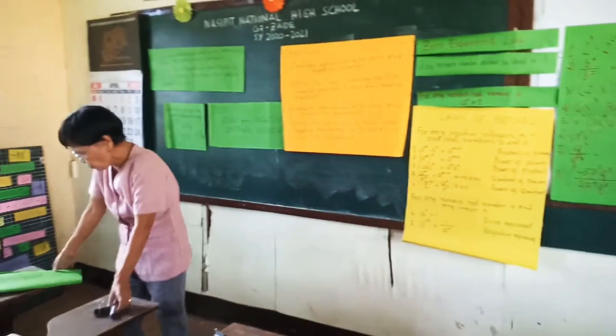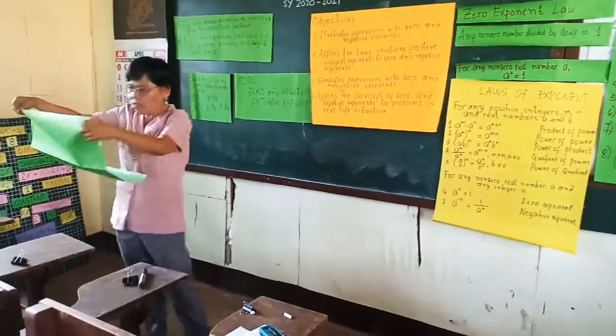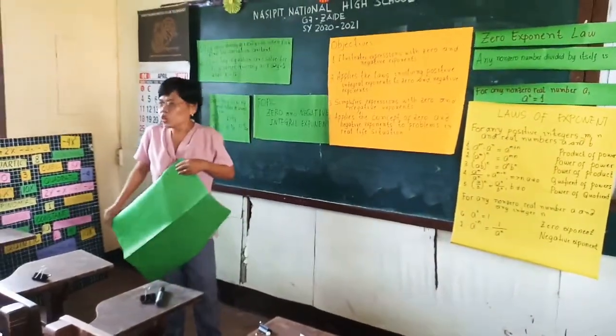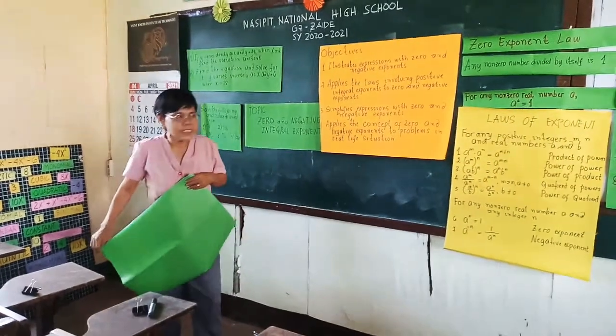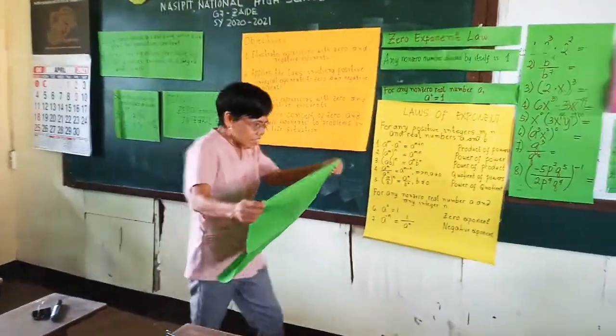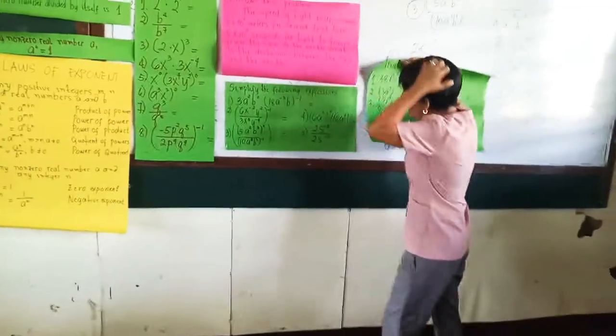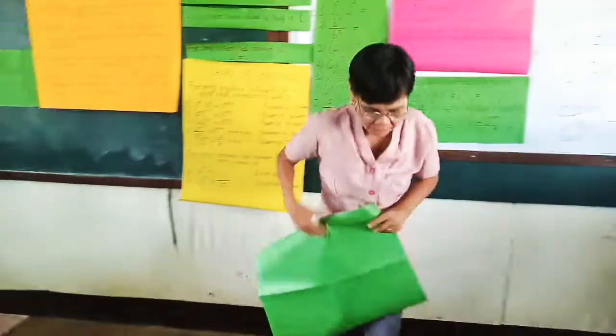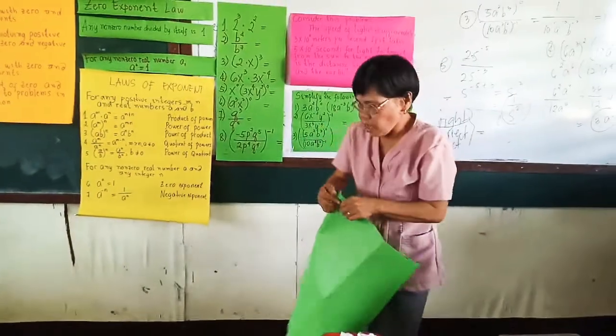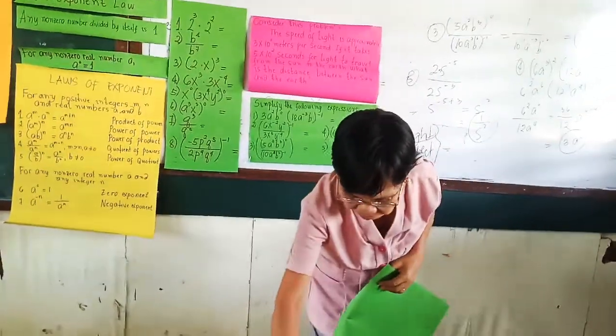Okay, so get 1/2 crosswise and then answer our questions, examples rather. Okay, get 1/2 crosswise.